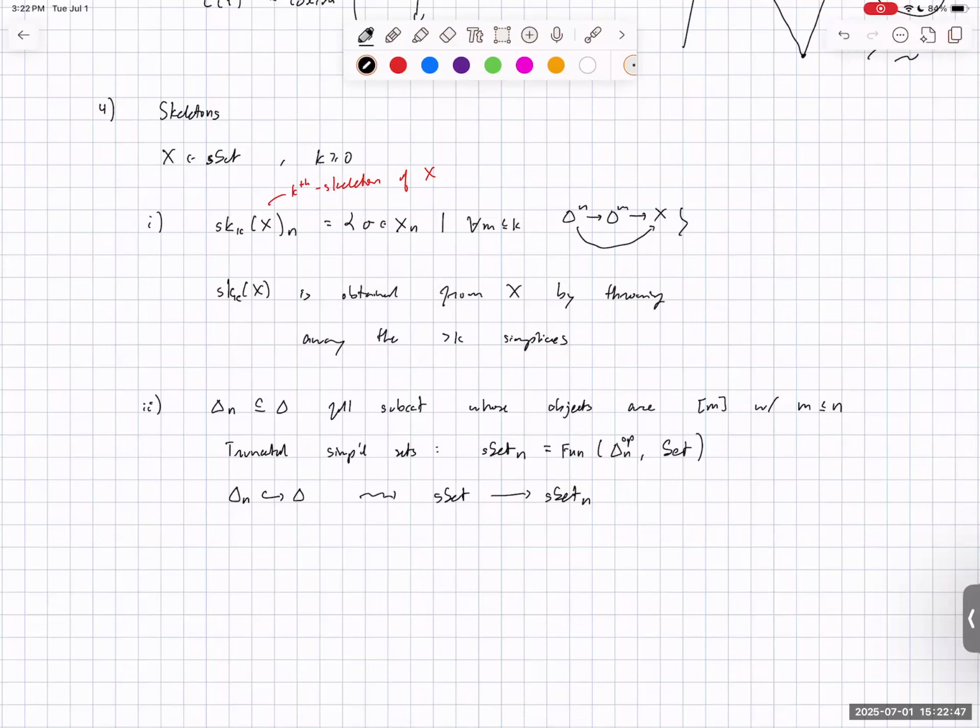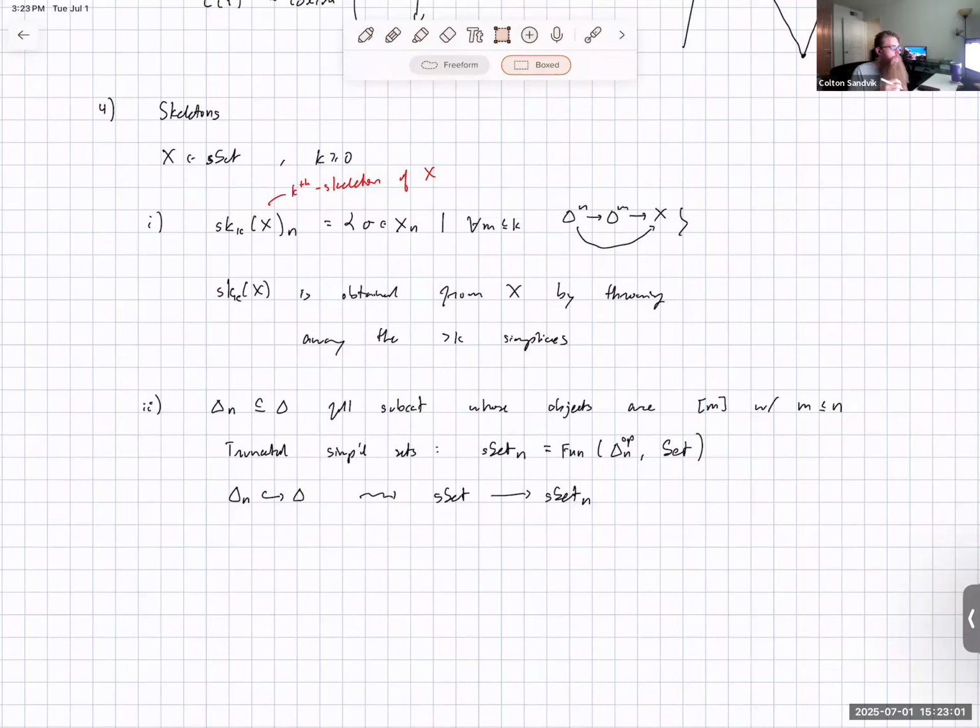Oh, sorry, this is not quite correct because you also have co-skeleton. This one is the right adjoint, co-skeleton is the left adjoint of the restriction. So they are different. I know what you mean by induced, but this one is the right adjoint. Yes, okay, you're right.